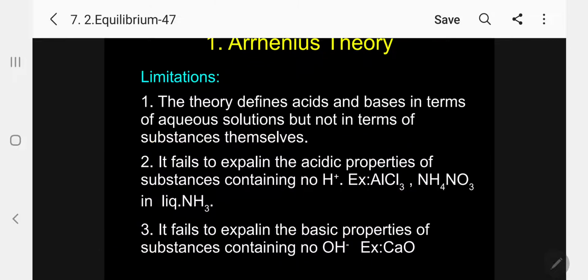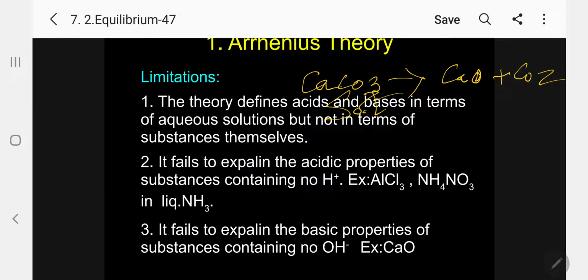A simple example, let me take this reaction so you can understand. Calcium carbonate, when heated, gives calcium oxide plus carbon dioxide. Kindly follow, this is a salt. Now let me say the reverse: when I add calcium oxide plus carbon dioxide, I get calcium carbonate.